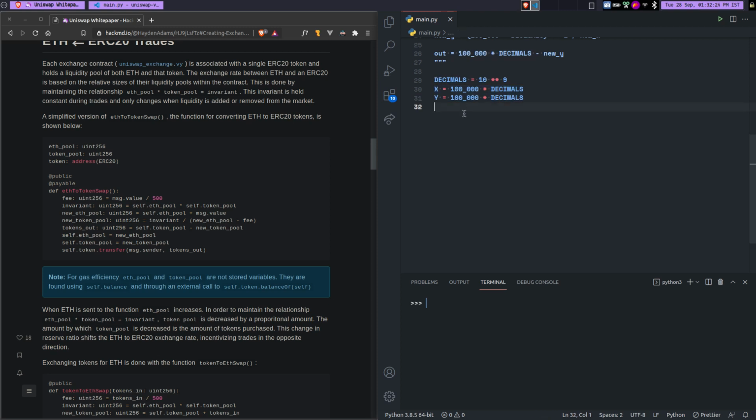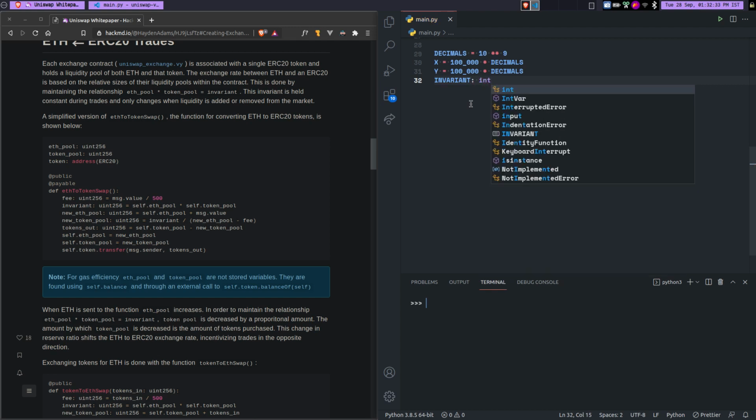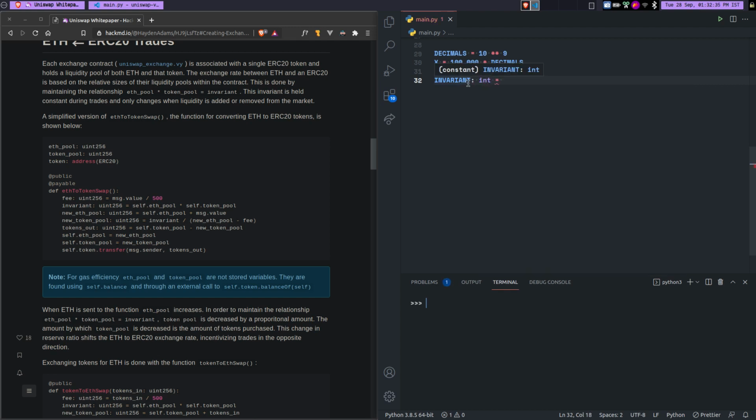And then we are going to set the invariant here. So invariant, and obviously it's an integer. So invariant is essentially X into Y. In the same sense, I can also define the type of these numbers. Cool.